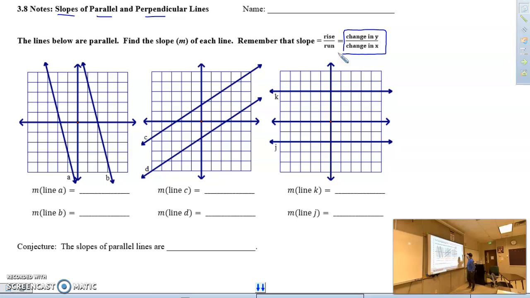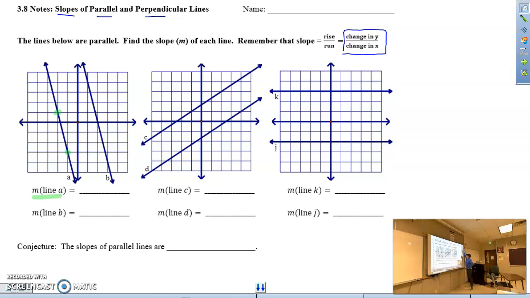So if I'm looking at the slope of line A, I'm going to look for an easy point. It looks like it goes through that point here, and another easy one looks like up here. We're going to do rise over run.